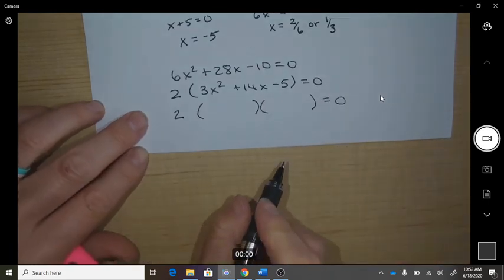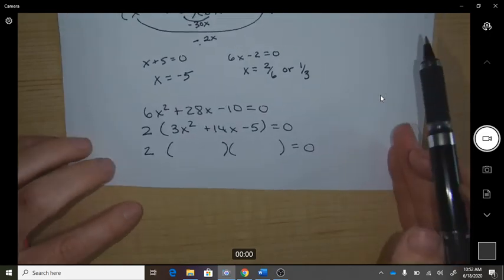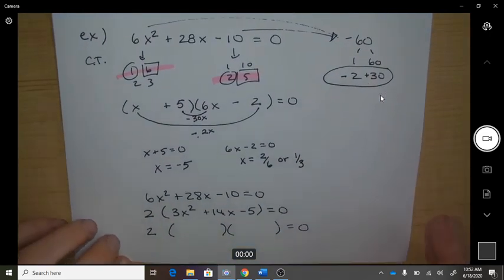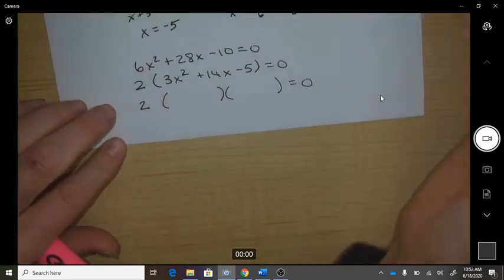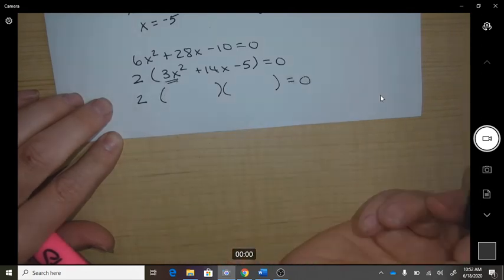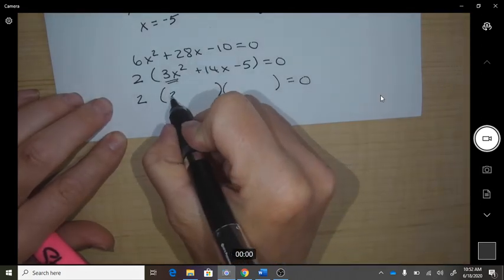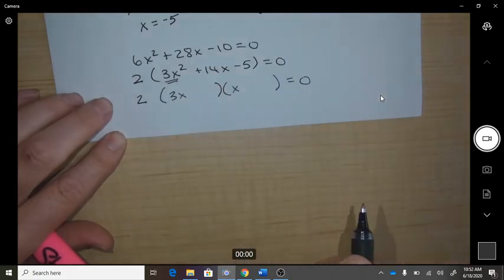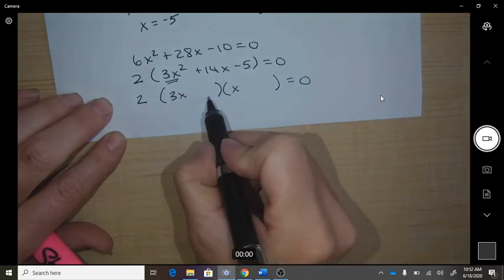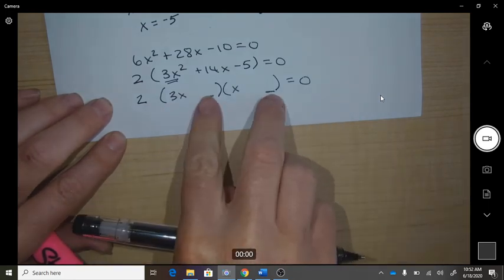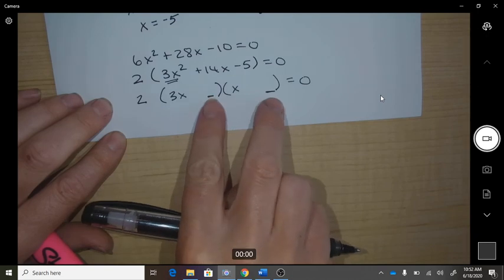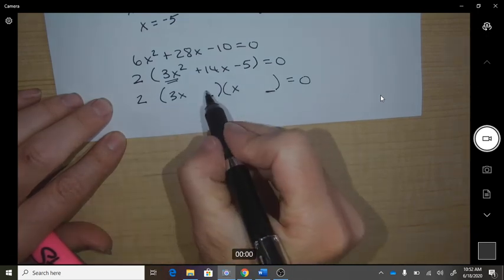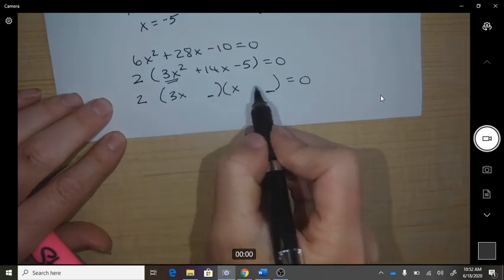So on this one, I'm going to just do trial and error, not this long method. There's only one combination that can get you 3x and 1x, here and here. There's only one combination that gets you a 5, a 1 and a 5. You just have to figure out, are you putting your 1 here or your 5 here?